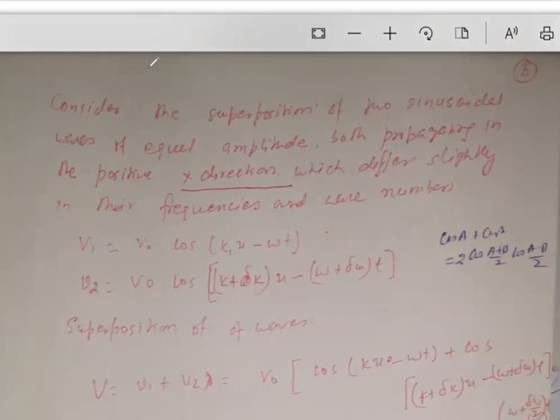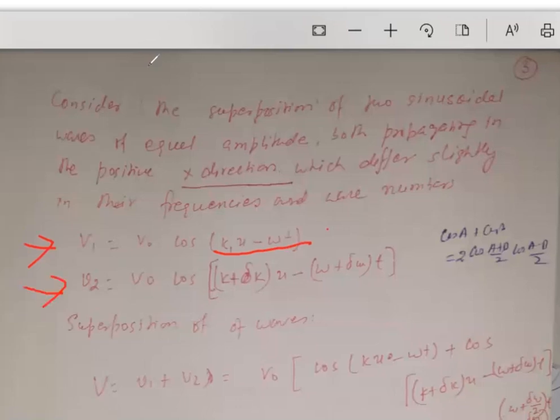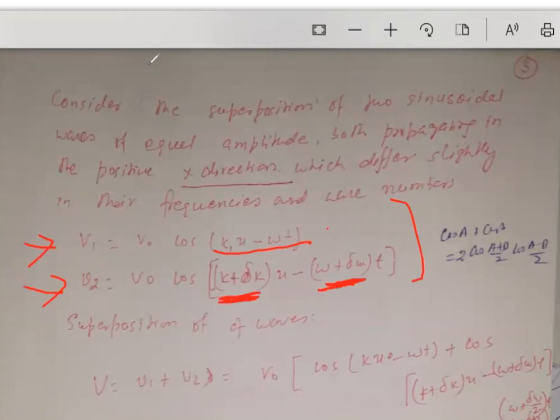Anyway, suppose we have two waves, a second wave, and there is a small mismatch in wave number and a small mismatch in frequency. If both waves are traveling, since they are linear waves, we can have a linear superposition, and you can simply add them.